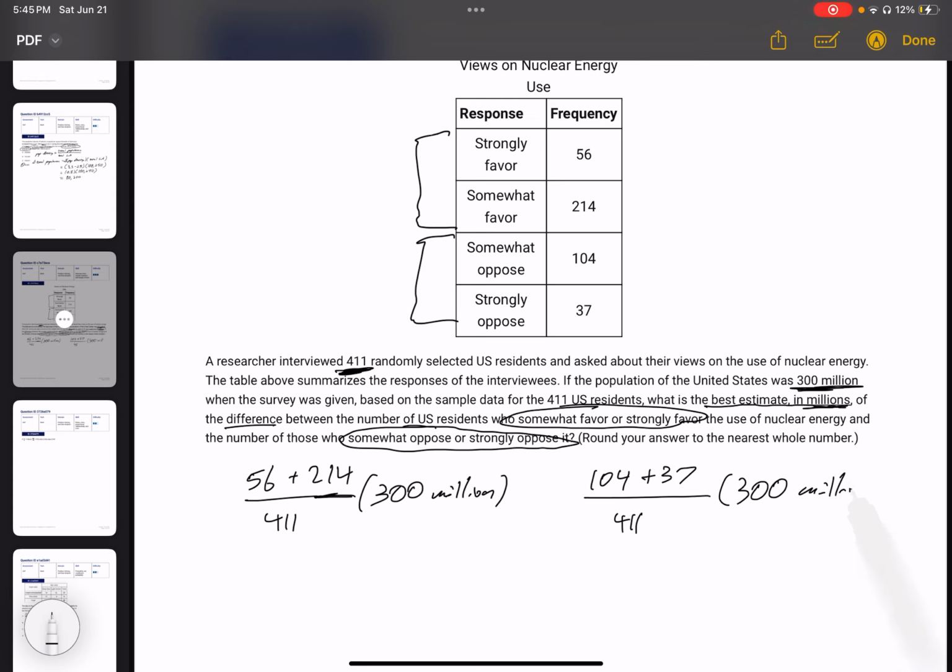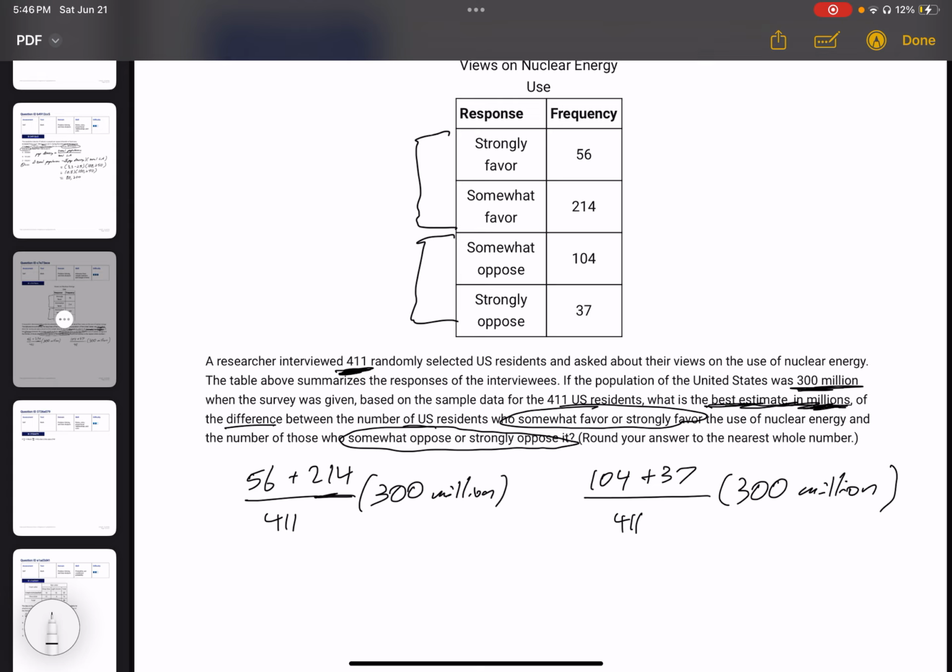And I'm writing the word million and not the actual 9-digit number because it's going to give us a bunch of whole numbers we don't want to really deal with, since we're only dealing with best estimate in millions. So that allows us to do that.